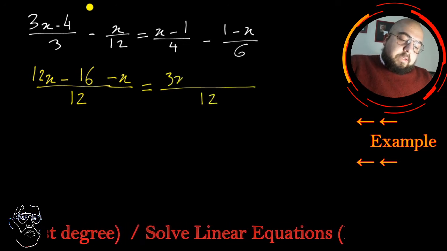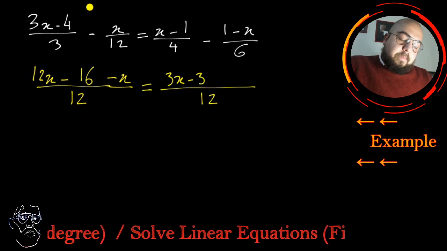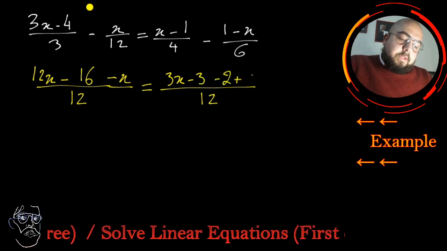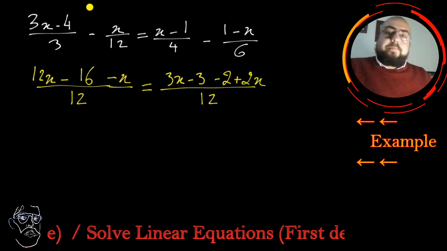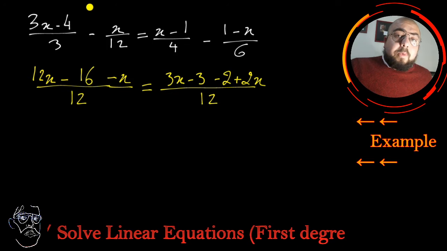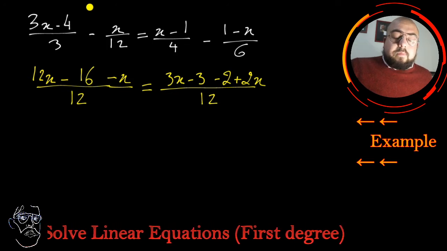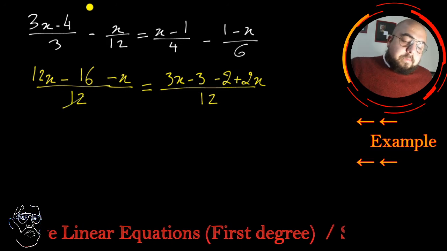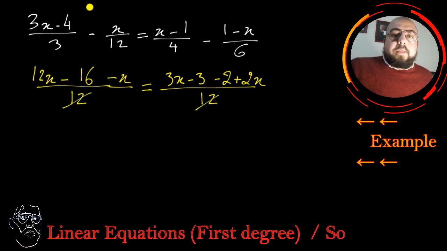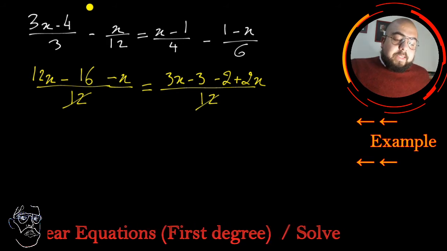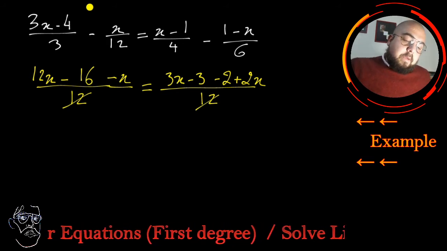So 3x minus 3, and then minus 2 plus 2x. All right. Since the denominator is 12, it's a real number, I can cancel out the denominator, which is 12. And then I will have to rearrange my equation.